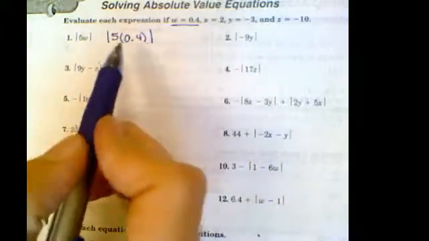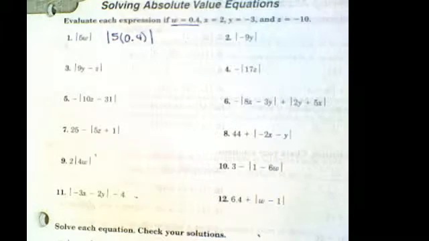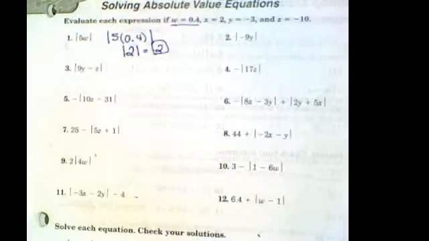And I'm not going to do anything with the absolute value until I only have one number in here. So if I do 5 times 0.4, I get 2. And the absolute value of 2, or the distance from 0, is 2.